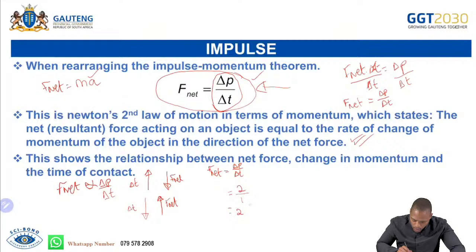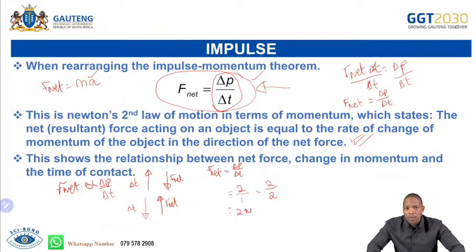The answer is going to be 2 newtons. That's the force that I would have. What if I increase the time of contact now? 2 over 2. What happens? Now I get 1 newton.